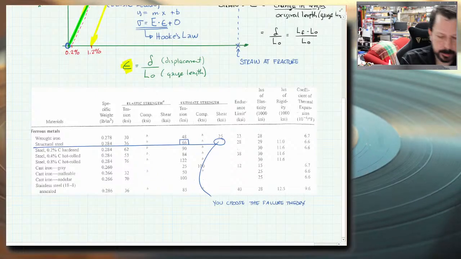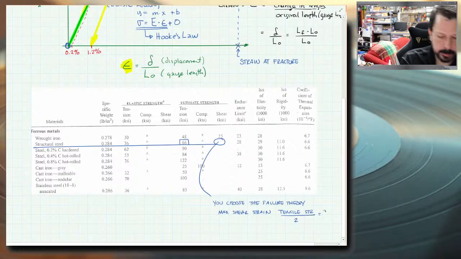We're going to use one called maximum shear strain, and what it does is it says take the tensile number, 66 KSI, tensile strength, and divide it by 2.